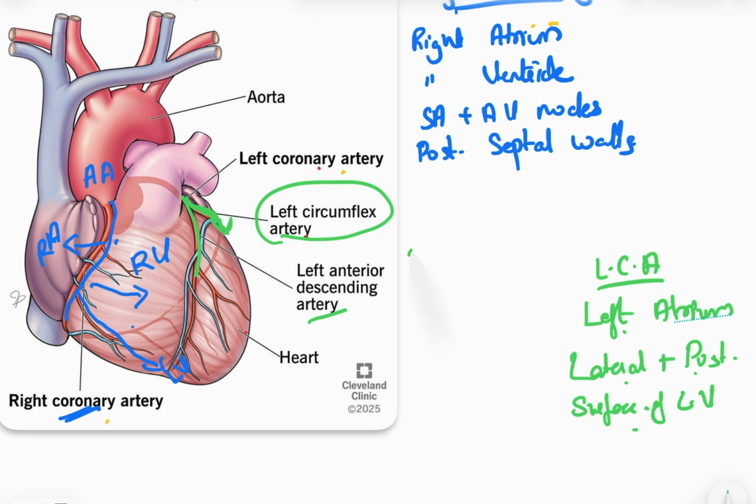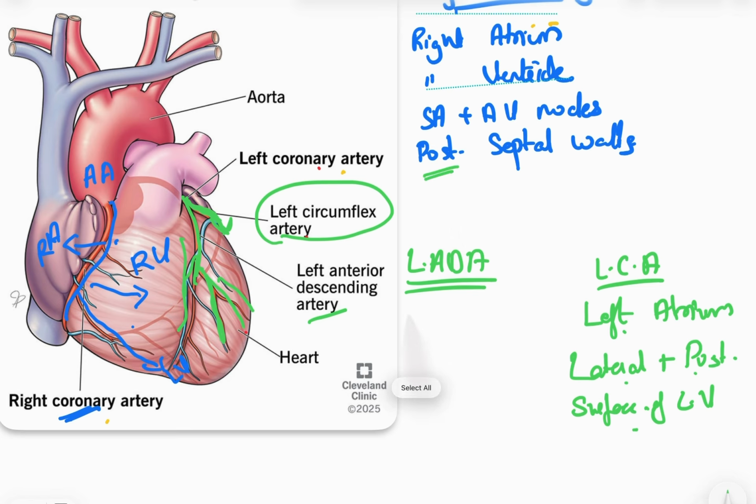The other branch is the left anterior descending artery. This supplies the anterior wall of the left ventricle. We can see it coming: the anterior wall of the left ventricle, and the anterior ventricular septum, anterior because posterior is supplied by the right coronary artery.